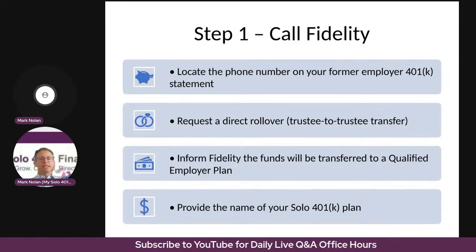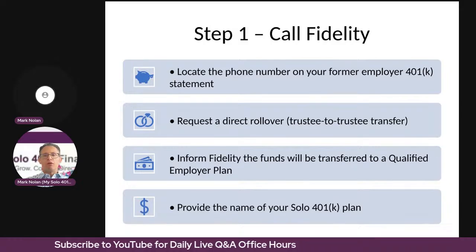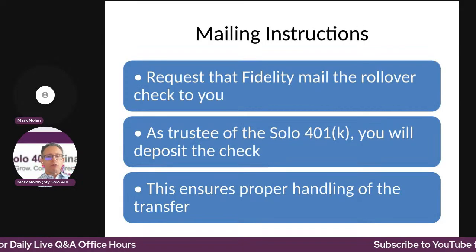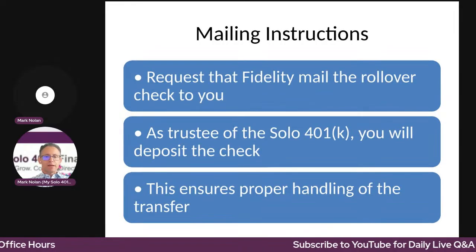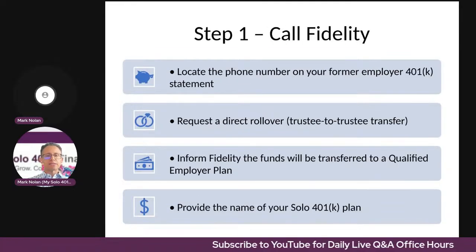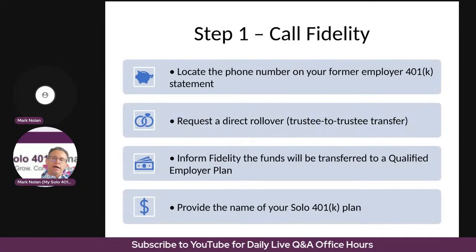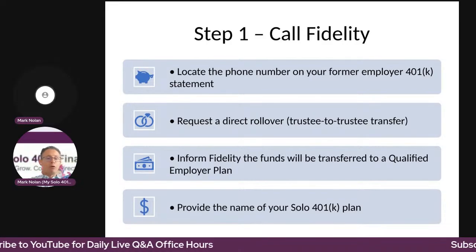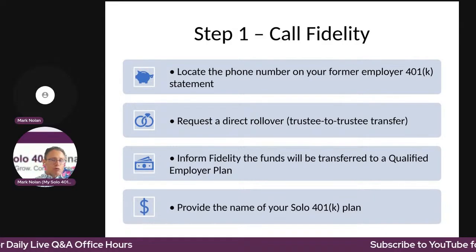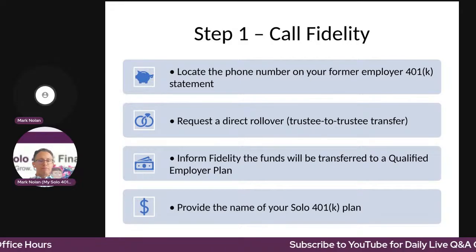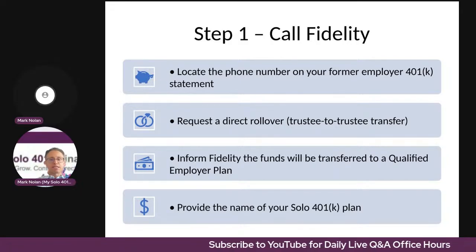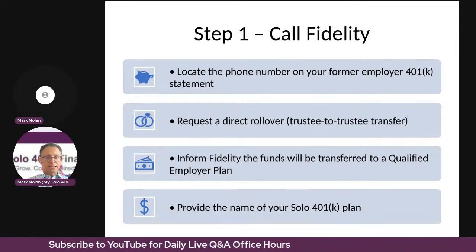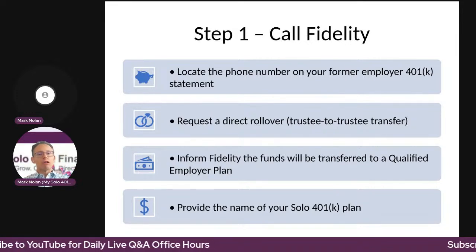Now, some important items to know before initiating the transfer of a former employer 401k held at Fidelity Investments to a solo 401k plan is that before requesting the transfer or direct rollover from Fidelity, you want to consider the following items. Number one, it needs to be a direct rollover.